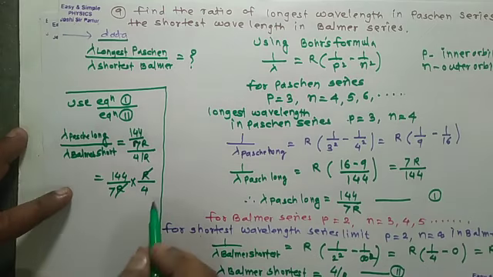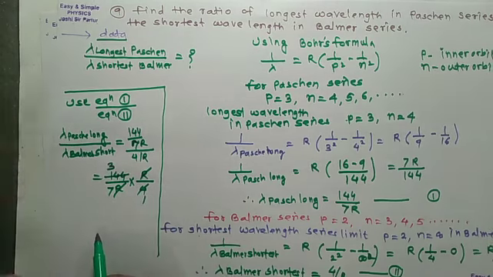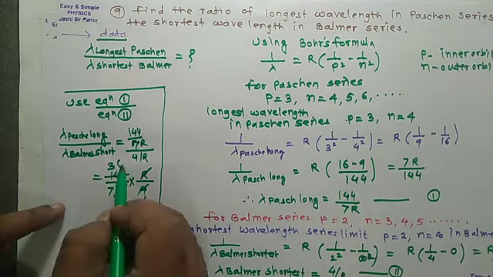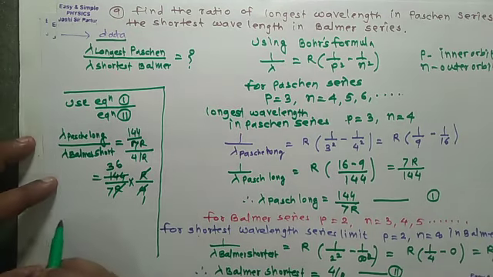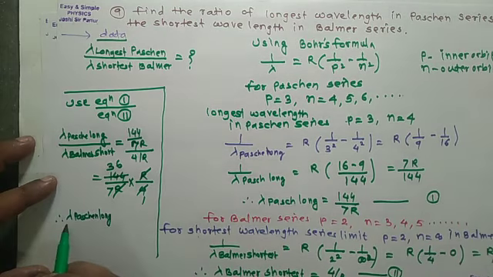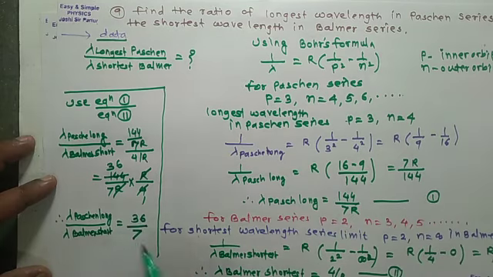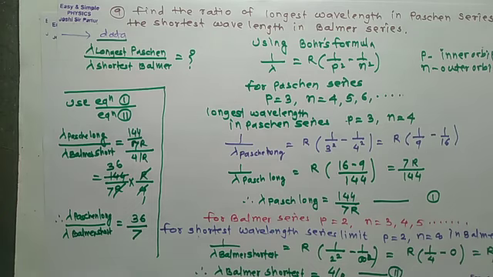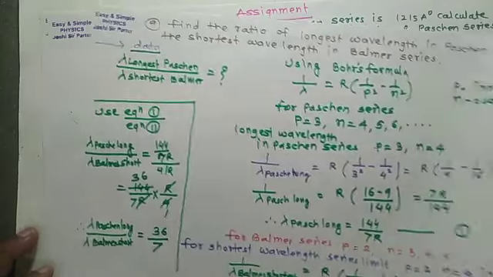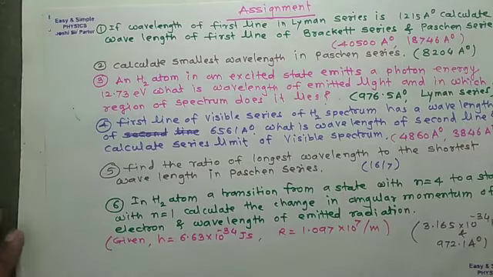R gets cancelled. 4 1 the 4, 4 3 the 12, 2 is remaining 24, 4 6 the 24. Therefore lambda Paschen longest upon lambda Balmer shortest is equal to 36 upon 7, which is also useful for CET examination purposes. So for your practice, you can solve the examples.